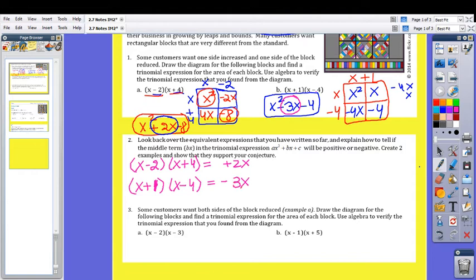So the thing is, if the greater factor that we have is positive 4, then whatever its sign, that will be the sign for the middle term.